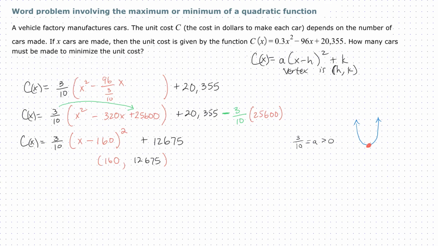But let's answer the question. It takes 160 cars to be made to minimize the unit cost.